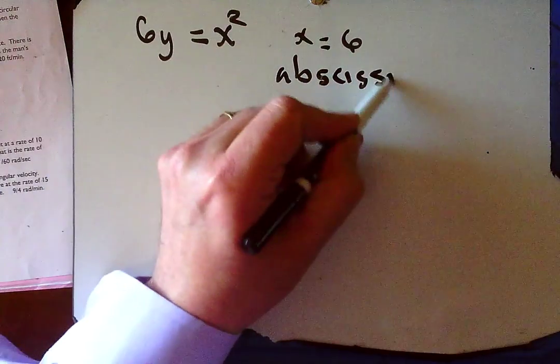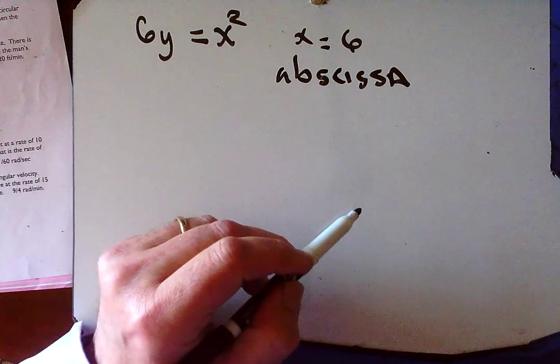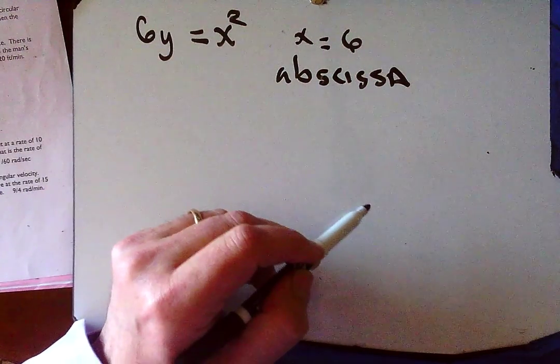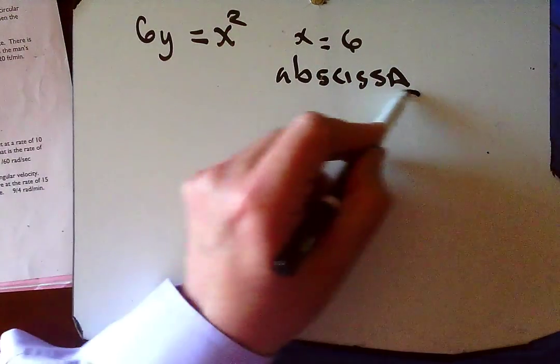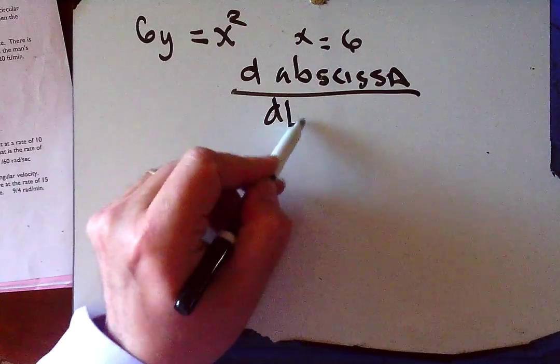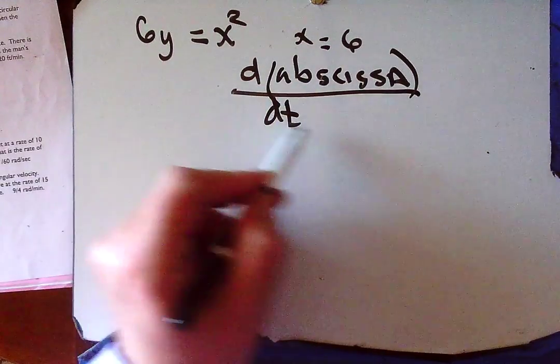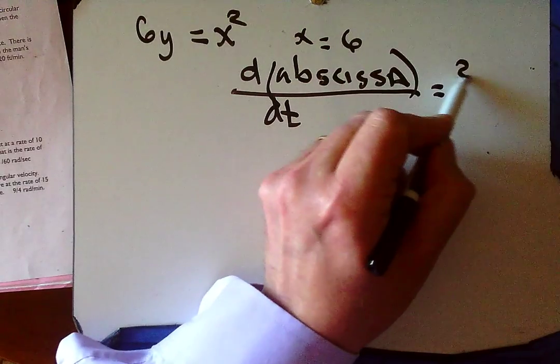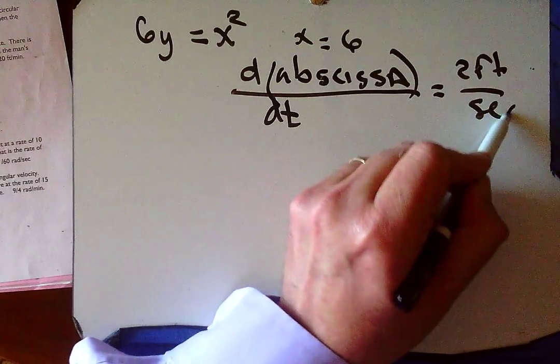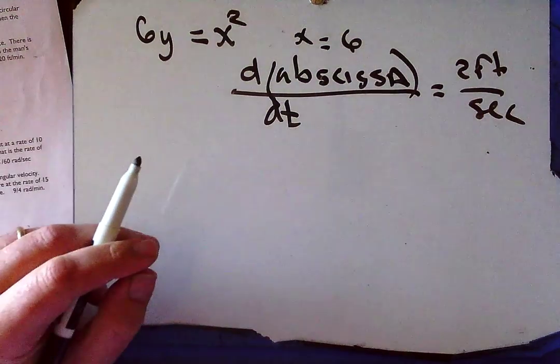Abscissa. The abscissa is increasing at a rate of 2 feet per second. 2 feet per second. I wonder what abscissa is.